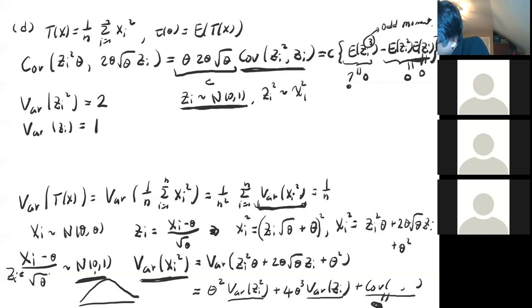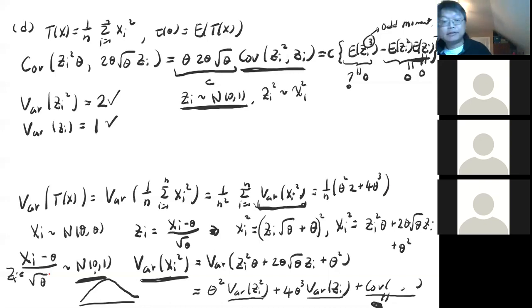So that would become theta squared, then the variance of Zi squared is 2 right here, and then plus 4 theta cubed, then the variance of Zi is 1. Sorry about that. And then the covariance is 0. So eventually it becomes this.